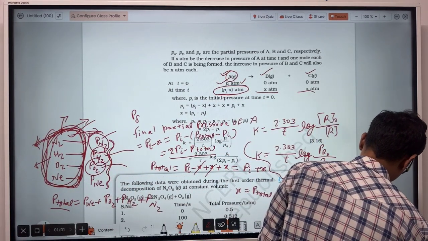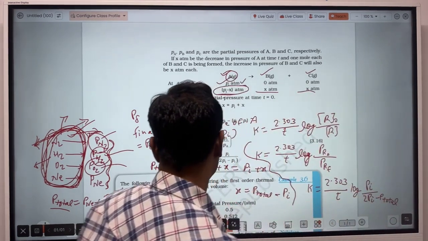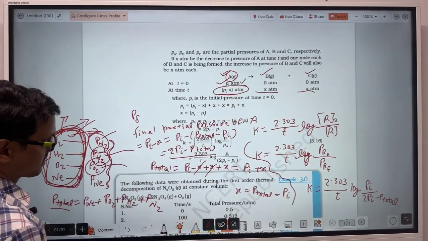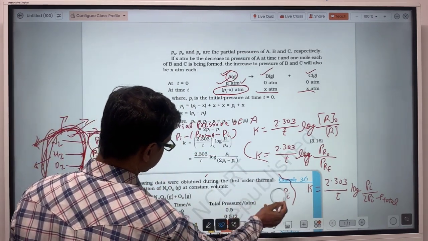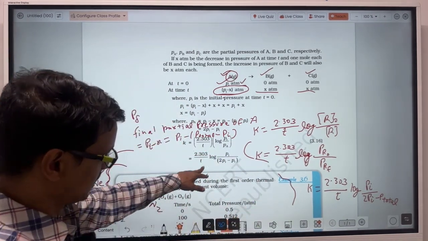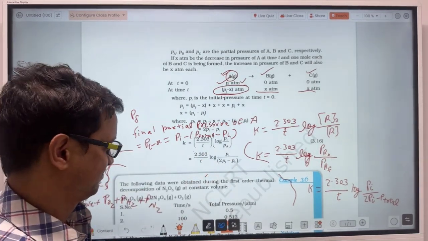This is the final answer. You may watch out here. Finally it has come as K equals 2.303 upon T log Pi upon 2Pi minus P total.